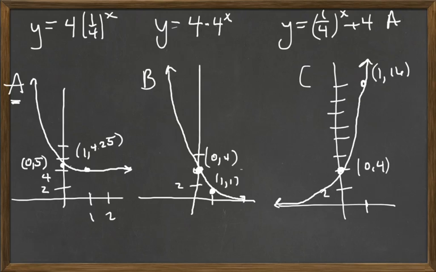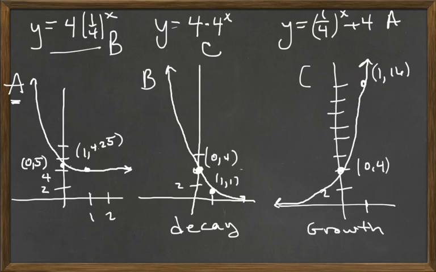Well, this is going to be decay. This is growth. So look at my equations of the 2 left. This is decay, so that's going to get B. And this one is exponential growth, so this is going to get letter C.